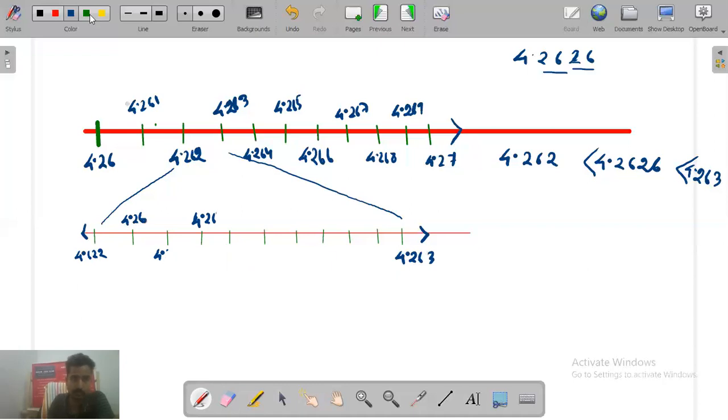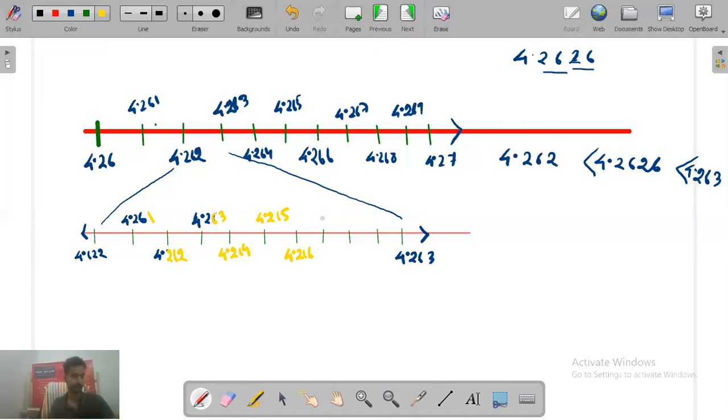Yes or no? Let me draw it in yellow. It will be 4.261, then 4.262, 4.263, 4.264, 4.265, 4.266.